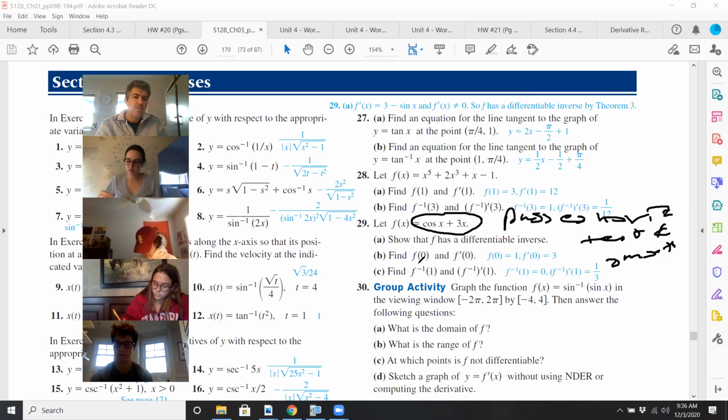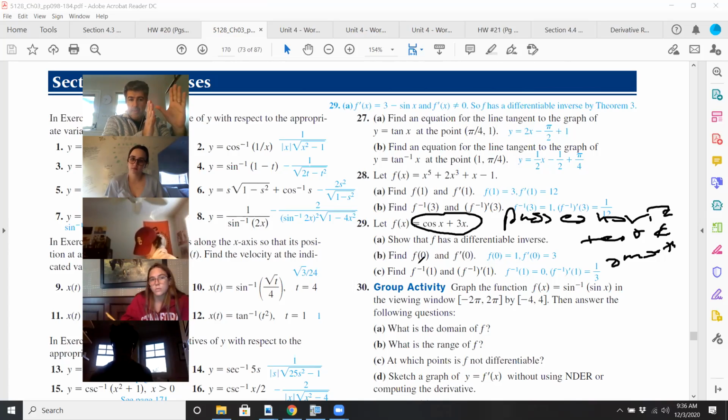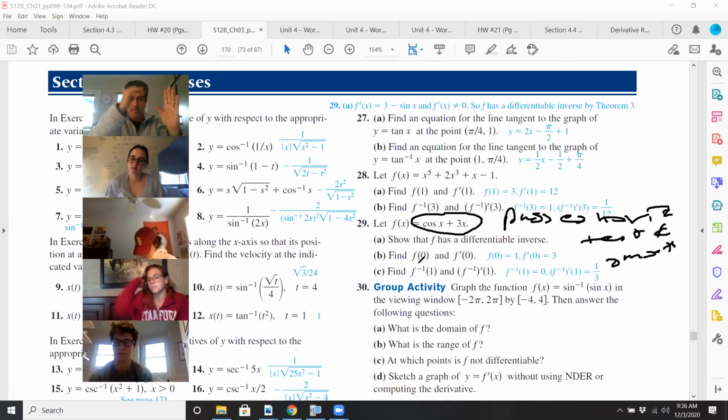So I couldn't do it for all real numbers, but technically you can do it for something that does have hills or peaks, but then you have to be selective and choose an interval where only that portion is 1-to-1 and doesn't have those peaks, those high-low points. So just be mindful about that.